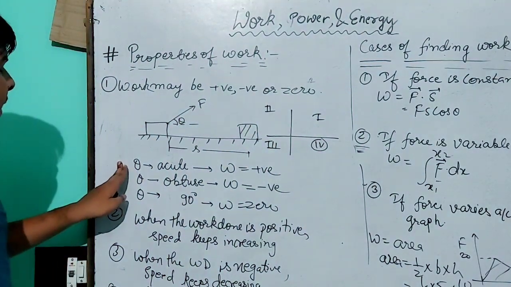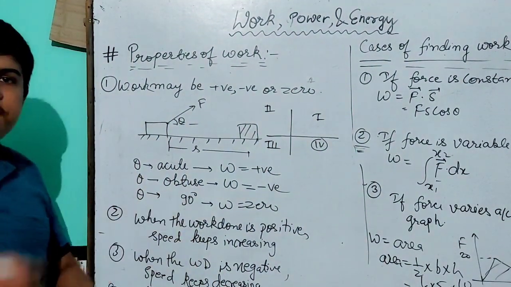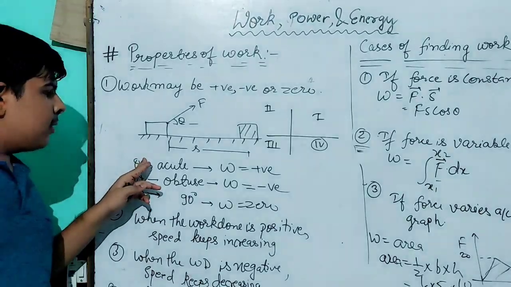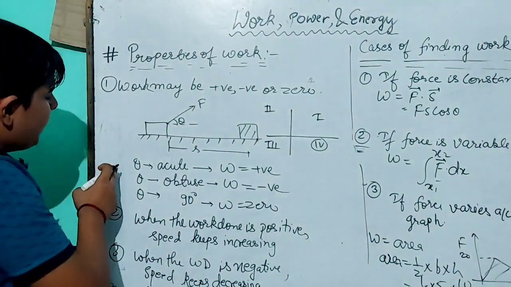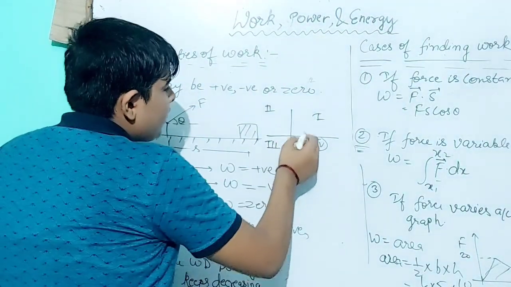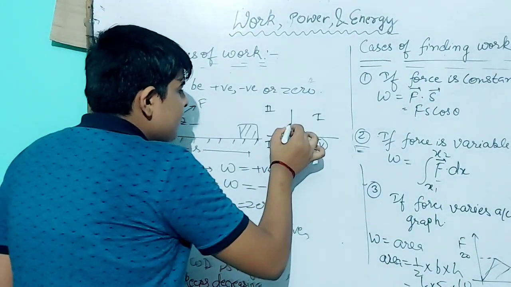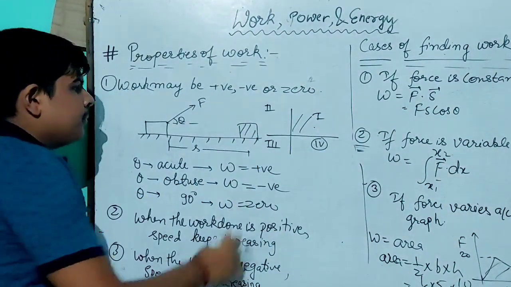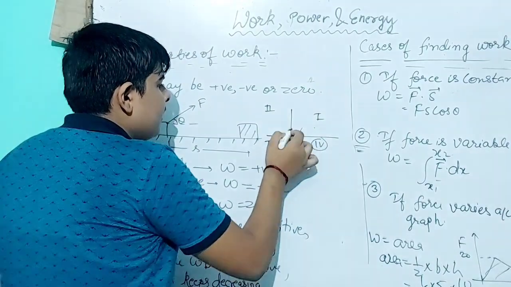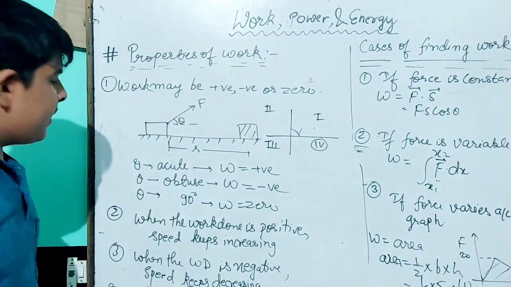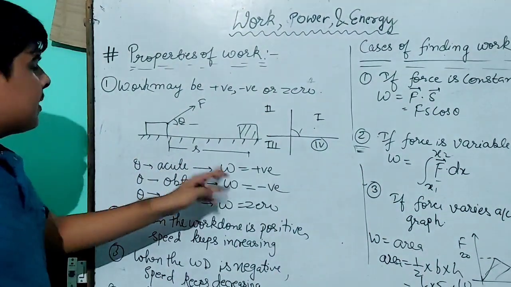If theta, the angle between the force and displacement, is acute, meaning theta lies between 0 degree and 90 degree, in this region, less than 90 degree and greater than 0 degree, then work done is said to be positive.